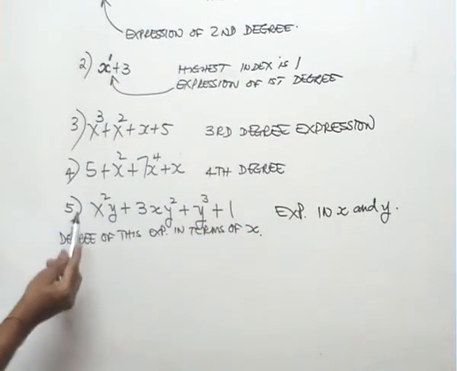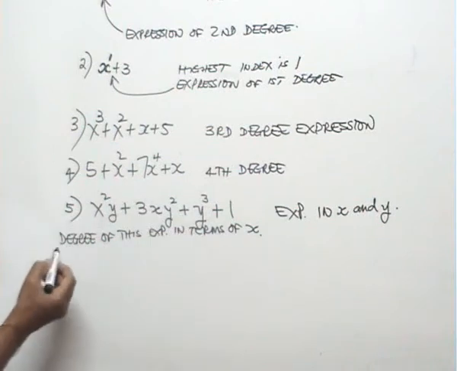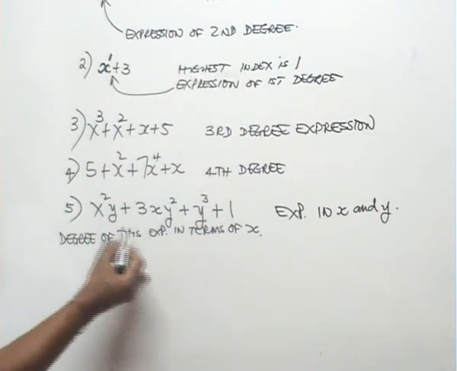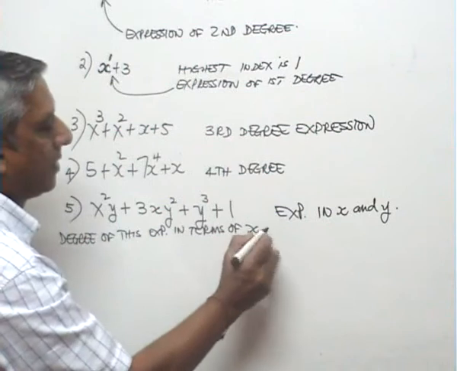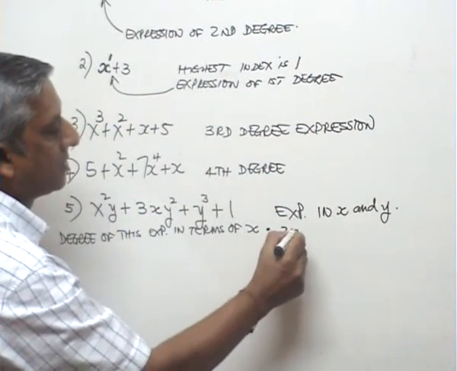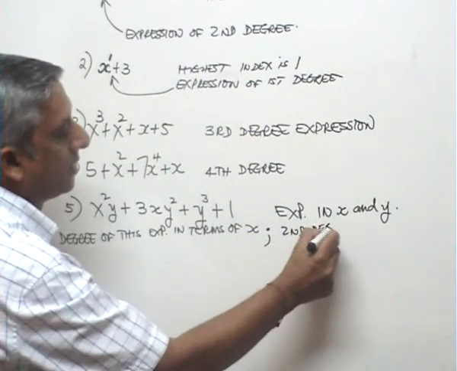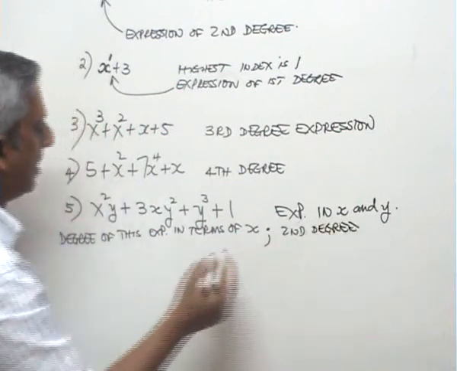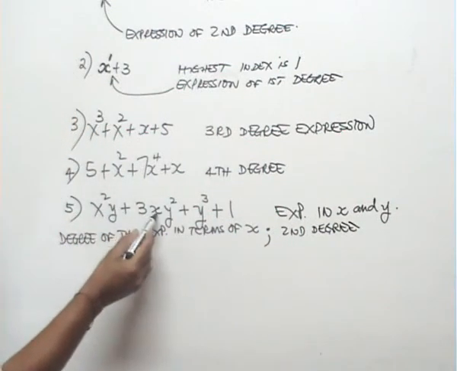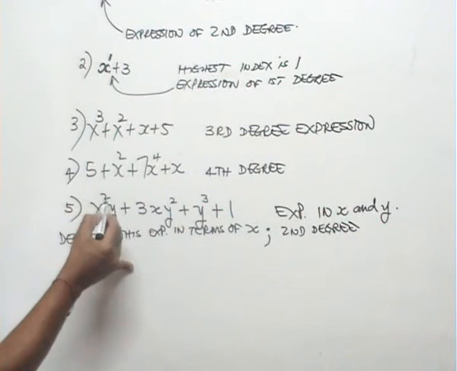That means you must look for the highest index of x. So the degree of this expression in terms of x is second degree, because if I study all the x's, the highest index is 2.